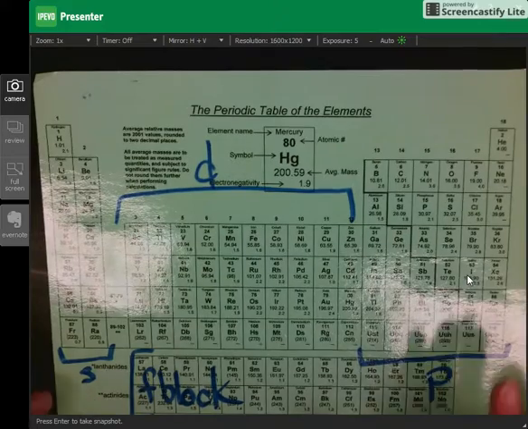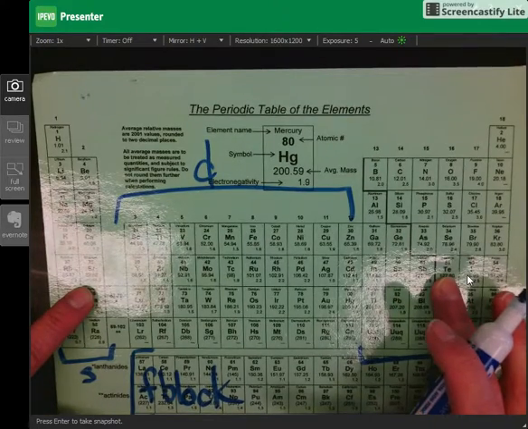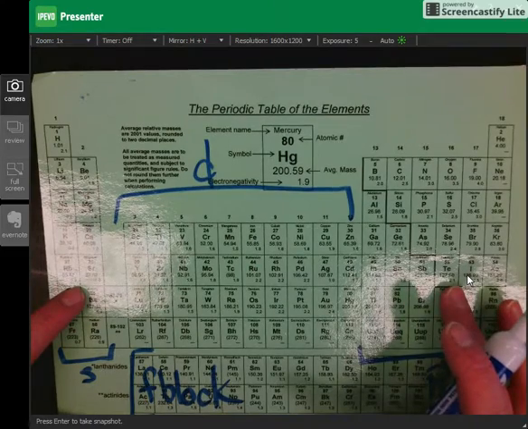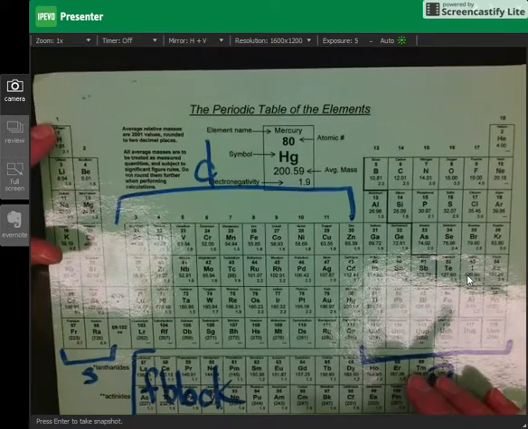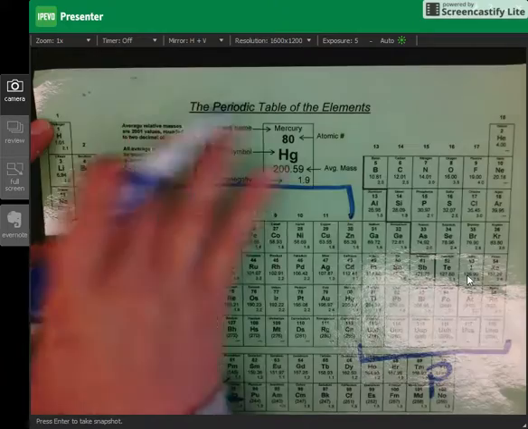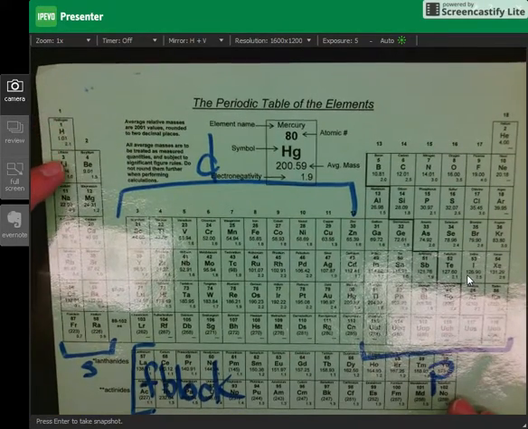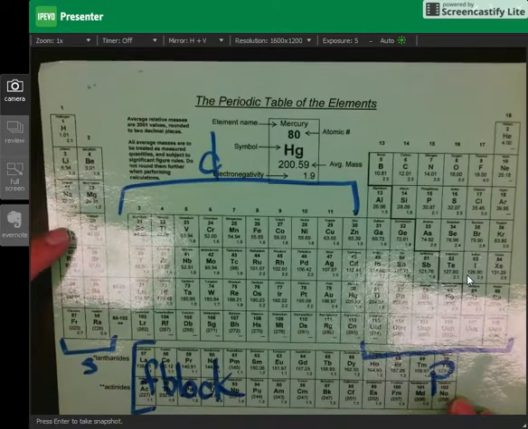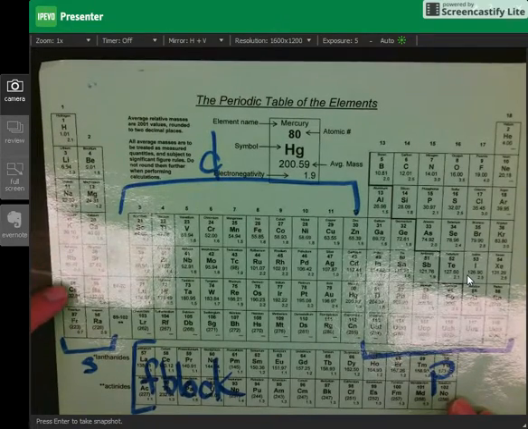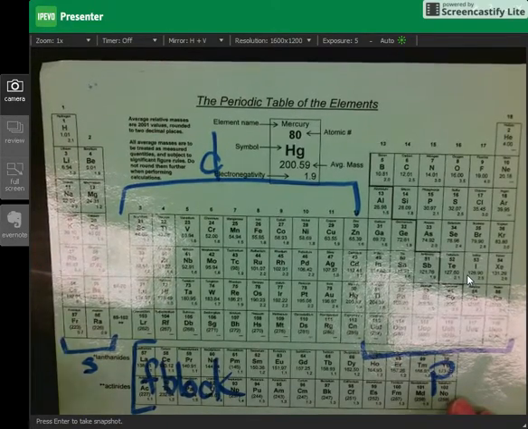Now remember, when you're in your S and your P block, your coefficient, that number out in front, is whatever period you're in. So if we look here, remember periods are rows. Periods go this way, across. So this would be period 1, 2, 3, 4, 5, 6, and 7.